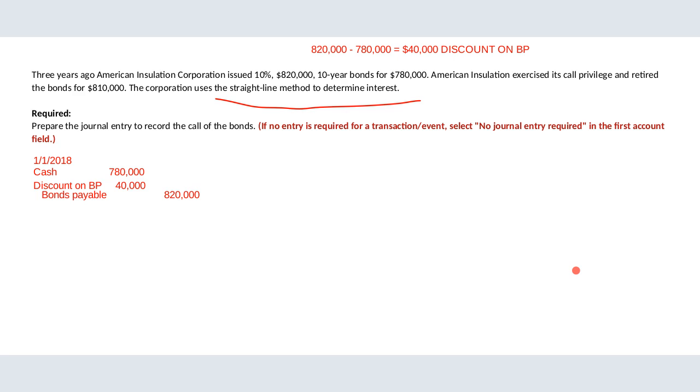So divided by 10, is that 4,000? And we have 3 years that have passed.